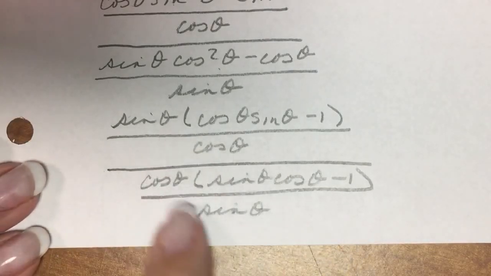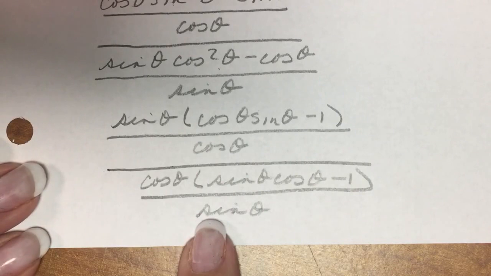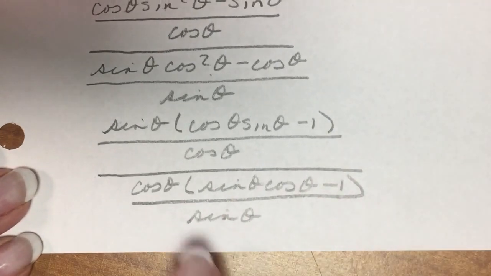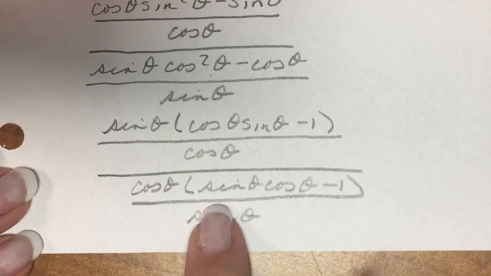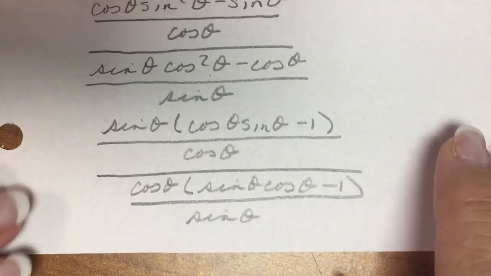Now this is a crazy looking fraction, so what I'm going to do, and I'm going to go up here to do it, is simplify this fraction. I'm going to multiply by the reciprocal of the denominator. So let's see what that would look like.